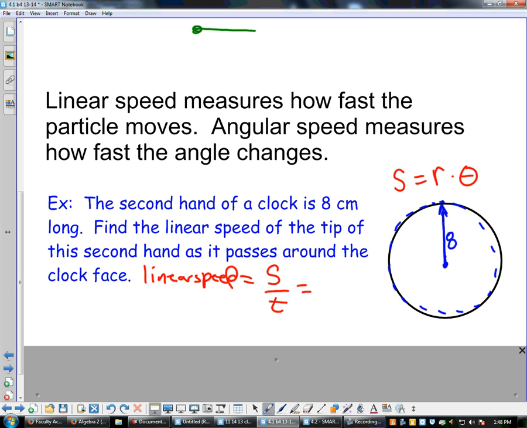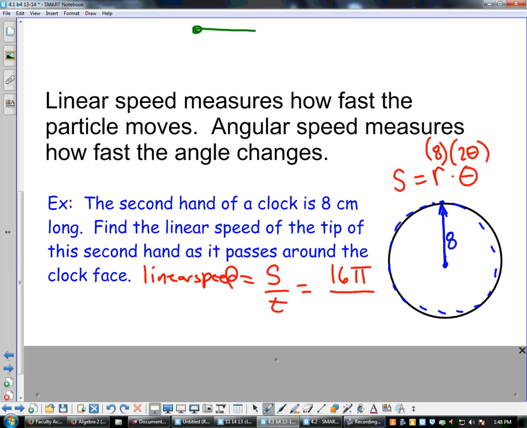What's our radius? 8. And if we're going one time around the circle, that's an angle of what? 2 pi. Remember we are using radians. So that gives us 16 pi. Everybody with me? Divided by, we said going all the way around the circle.